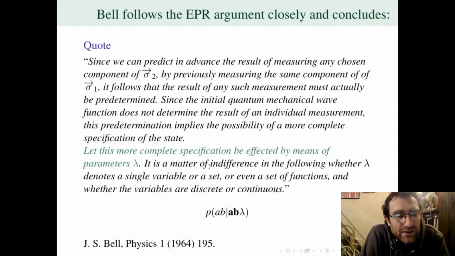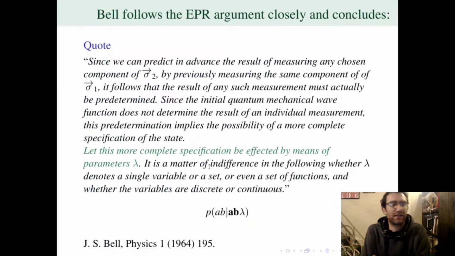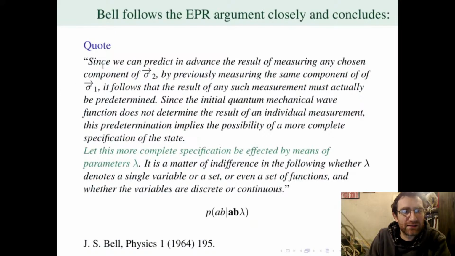Some decades later, John Bell joined this debate and started an investigation to see whether it could be tested empirically. He says that since we can predict in advance the result of measuring any chosen component of the spin of the second particle by previously measuring the same component of the first particle, it follows that the result of any such measurement must actually be predetermined.